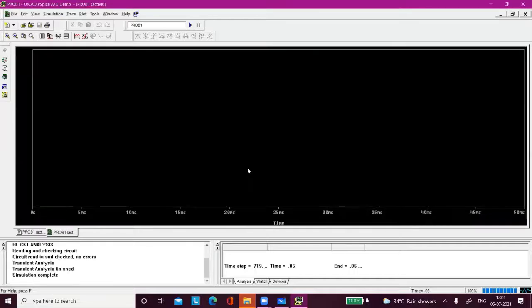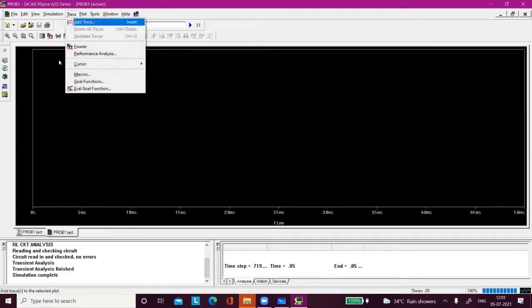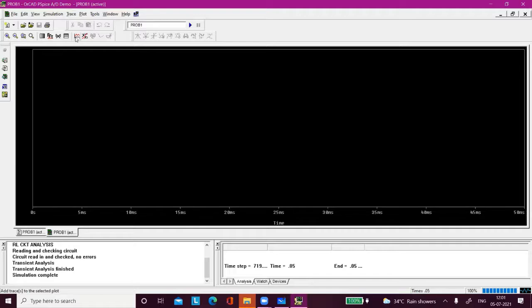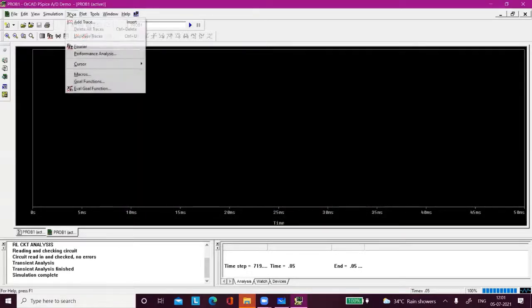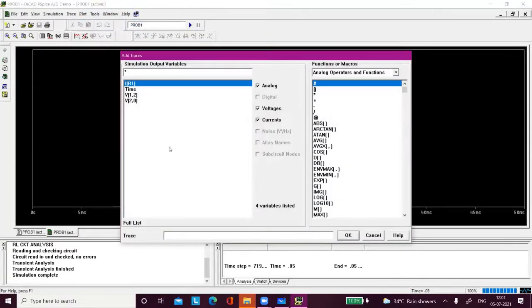If the program is correct, you get this window. Now go to the trace. You may click here, or you may go to the trace. Add trace. Now you select the current.